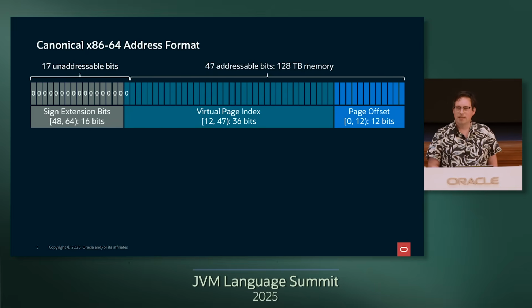The convention is that the kernel is allowed to use negative addresses, but user space uses positive addresses. Because of that, there are actually 17 bits that are not very useful. And the rest can be used to address user space memory, which gives you about 128 terabytes of addressability.